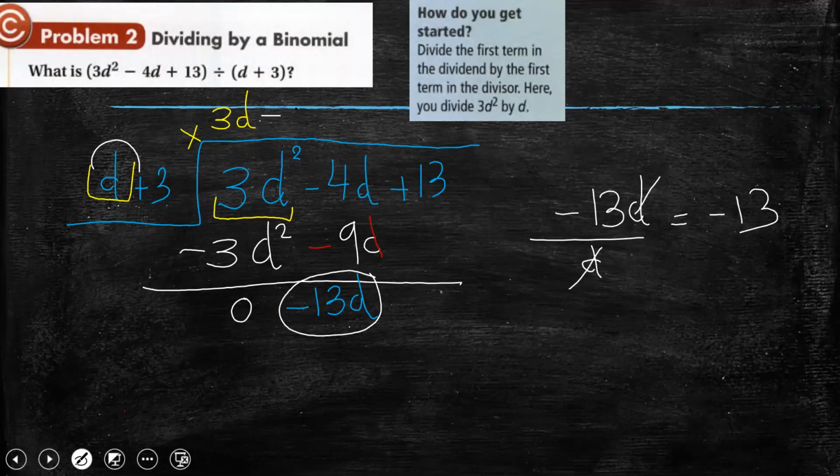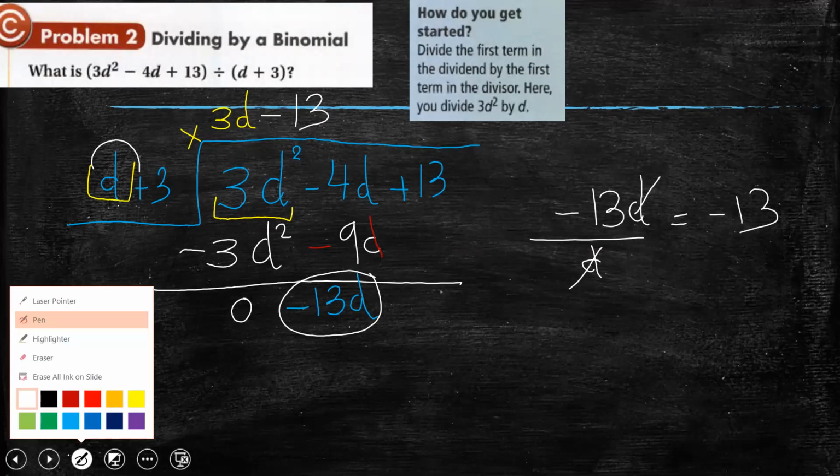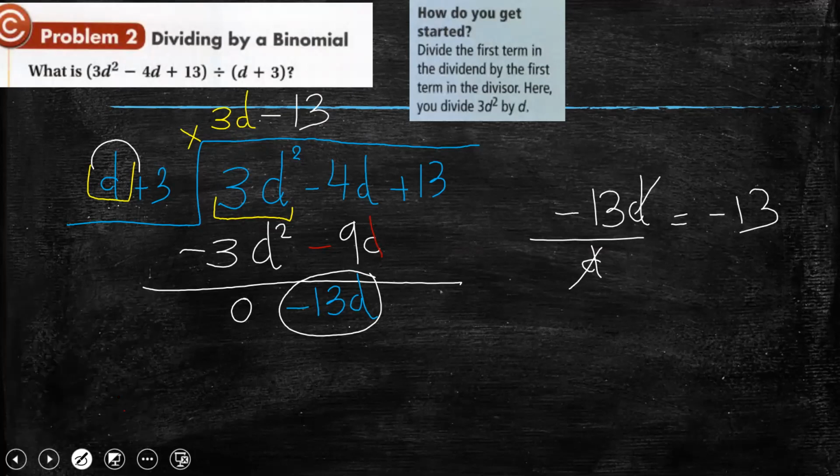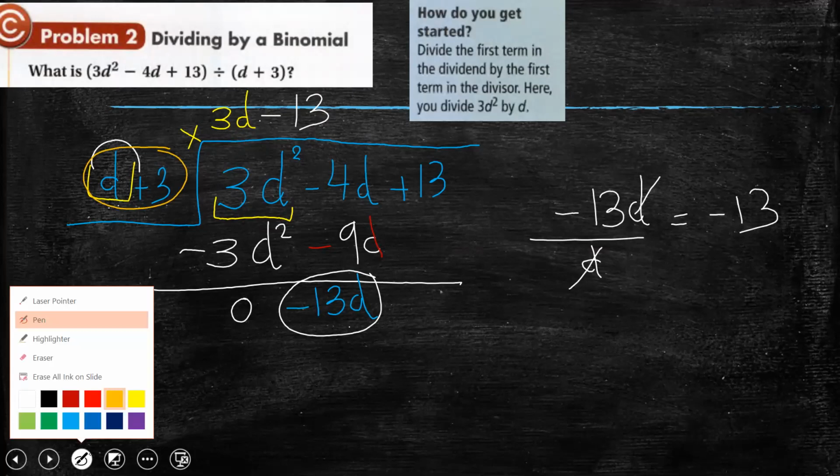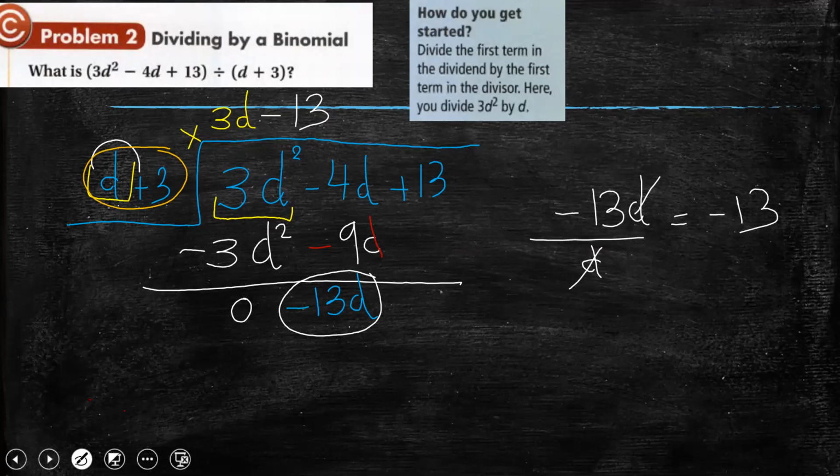So the answer here is negative 13. Then after we divide, let's now multiply. When you want to multiply here, you have to multiply by d plus 3. So negative 13 times d is negative 13d. Well, negative 13 times positive 3 is negative 39.